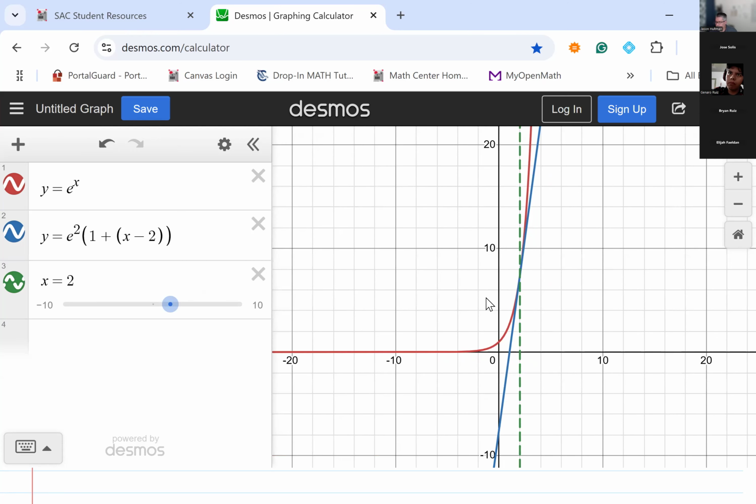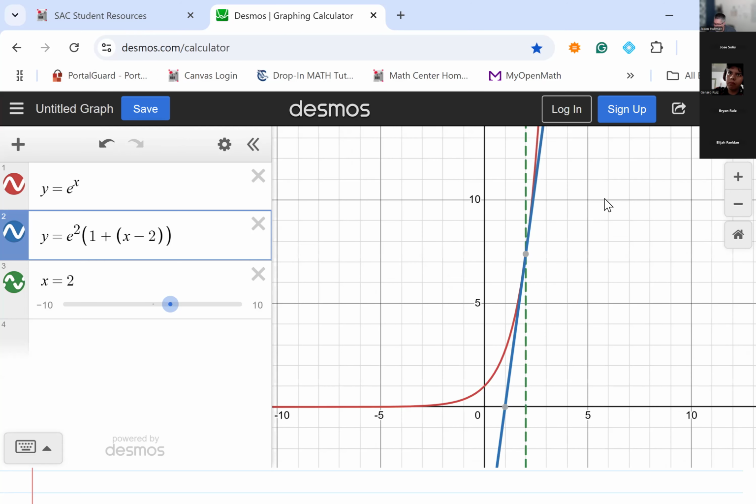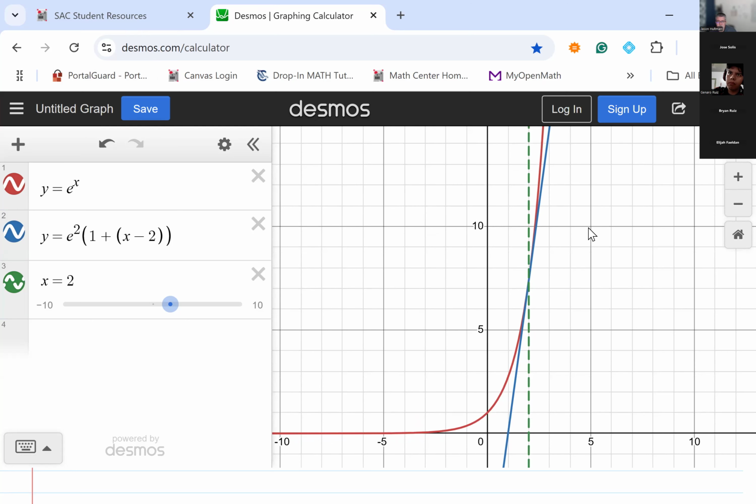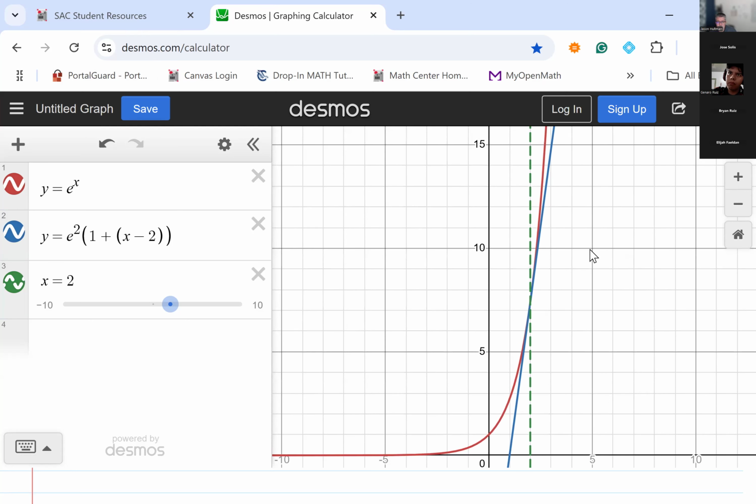We get a better and better idea of what's happening around this center, this point of intersection, x equals 2, for e to the x. Now let's put in another term of accuracy. Let's go to the next term.